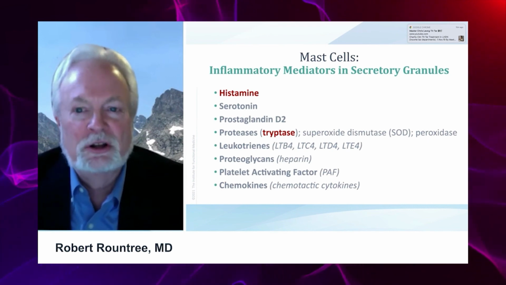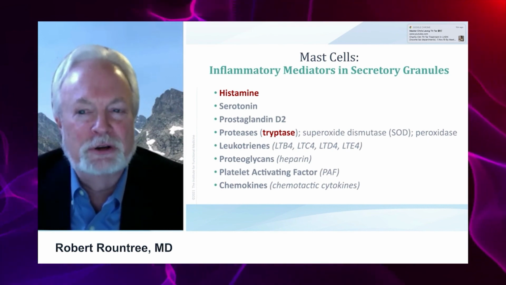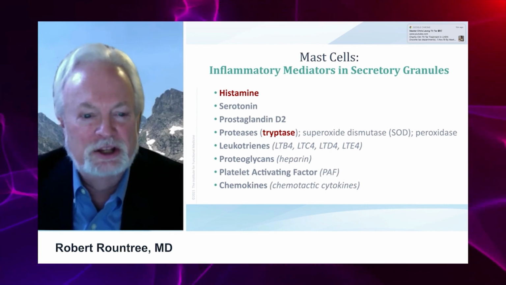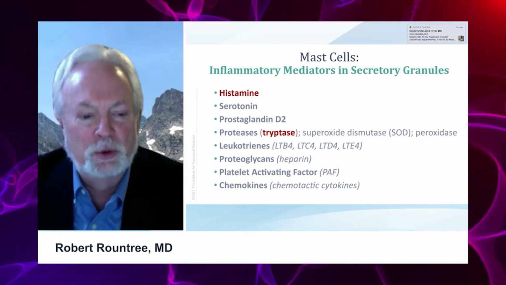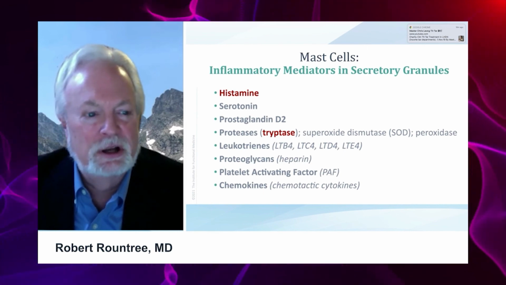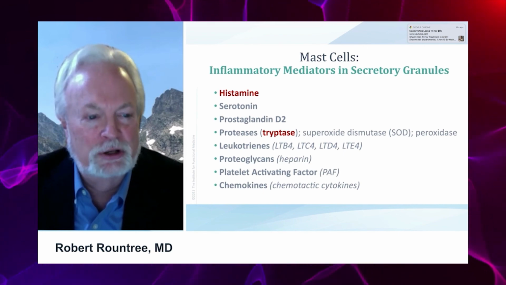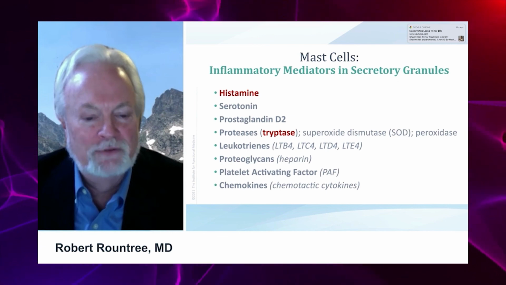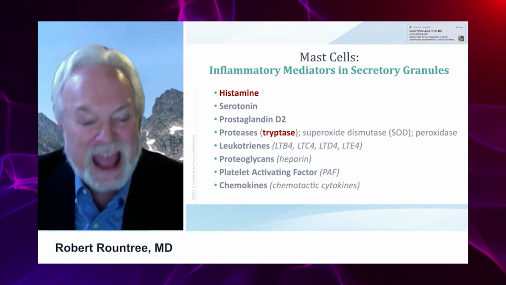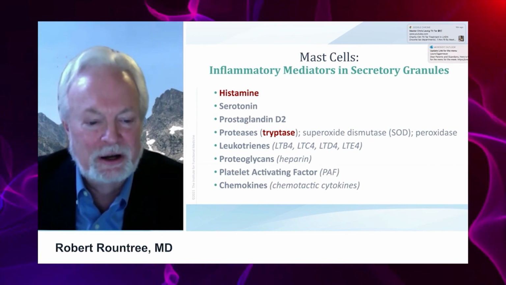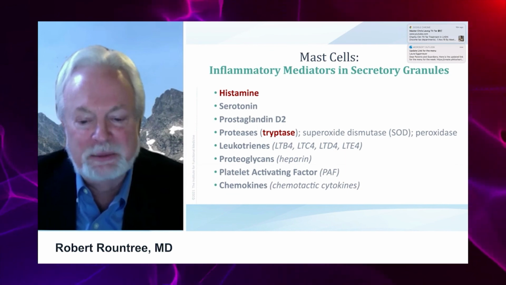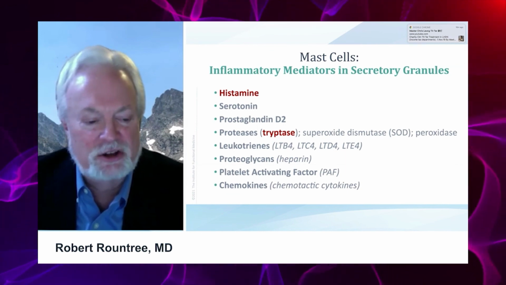As I mentioned, there are a lot of different mediators that are found in the secretory granules. Histamine is probably the best known. Another one is tryptase, which is a protease, but you also find serotonin, prostaglandin D2, various leukotrienes, proteoglycans like heparin, yes, heparin, platelet activating factor, PAF, and chemotactic cytokines called chemokines.